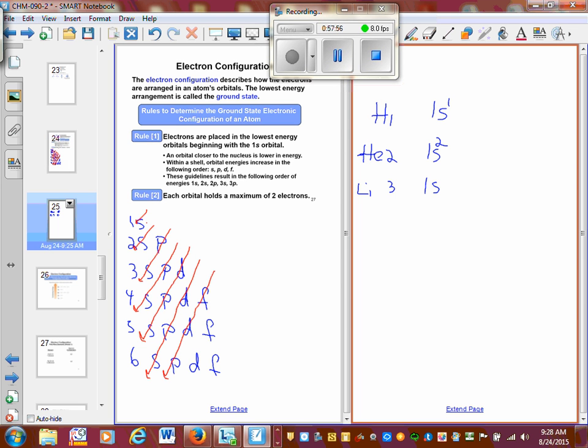What's the next one? I'm going to go to energy level 2, subshell S. How many electrons did I put in there? 1. I only have 1 left. You notice if I add superscripts up, they give you the total number of electrons. 2 and 1 is 3.